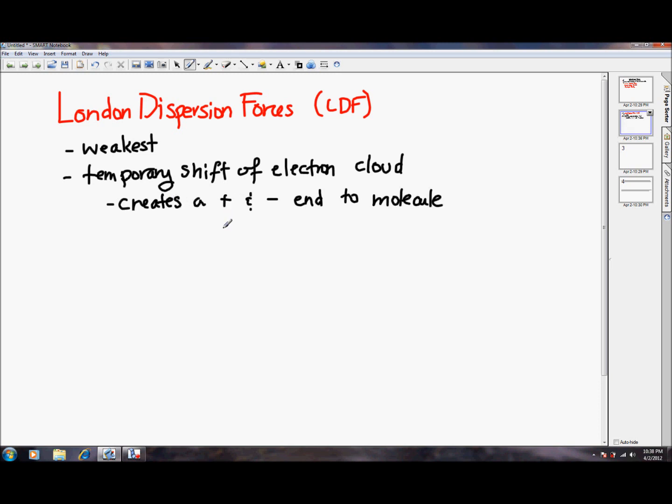So what happens is the positive end of the molecule is attracted to the negative end of a different molecule. That's why these are called intermolecular forces. However, since this is temporary, the electron cloud will usually shift back to its normal pattern, and that will mean that there will be a loss of the attractive force. So that's why these are extremely weak.